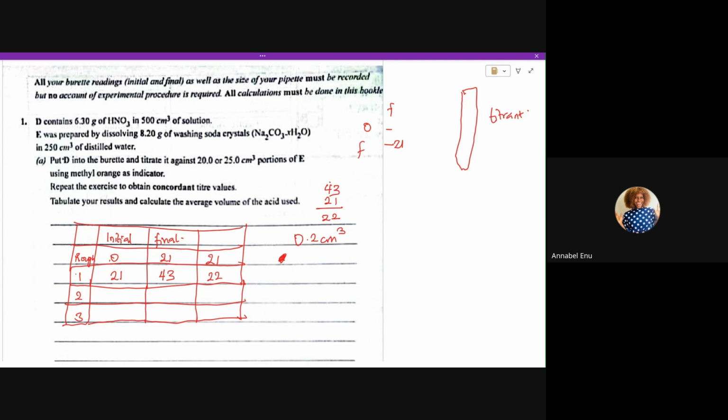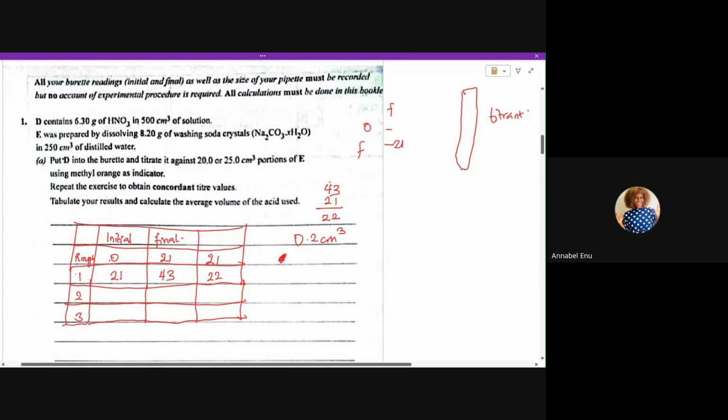So concordant titer values have to have closeness in value or some level of similarity. Okay, that accounts for accuracy to an extent. Are you all understanding me? Yes, ma'am. Okay. So that is what they mean by repeated to obtain concordant titer.